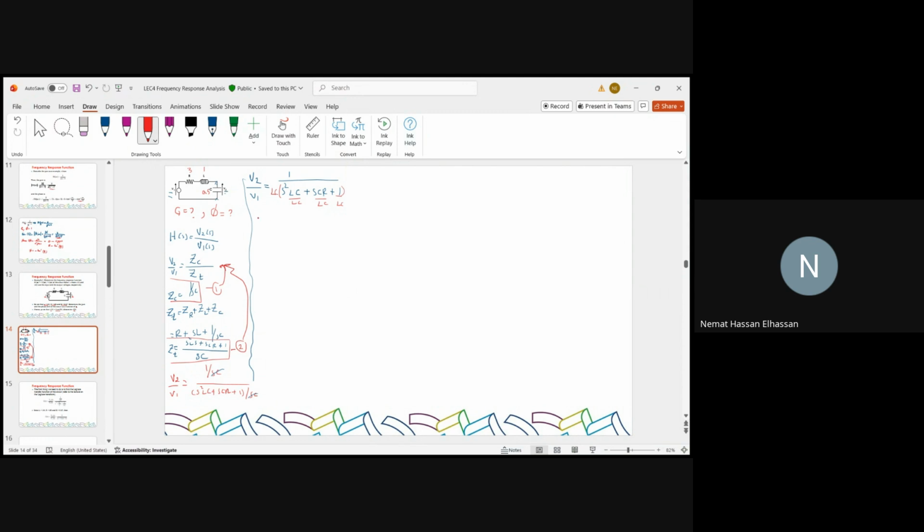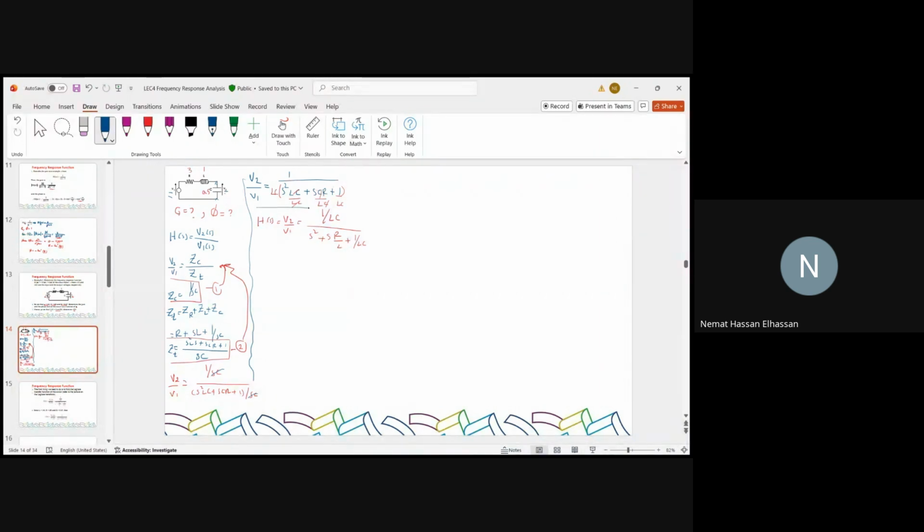So we end up with H of S, which is equal to V2 over V1 of S, is equal to 1 over LC divided by S squared, because these two cancel each other out, plus S R over L, because these two cancel each other out, plus 1 over LC.